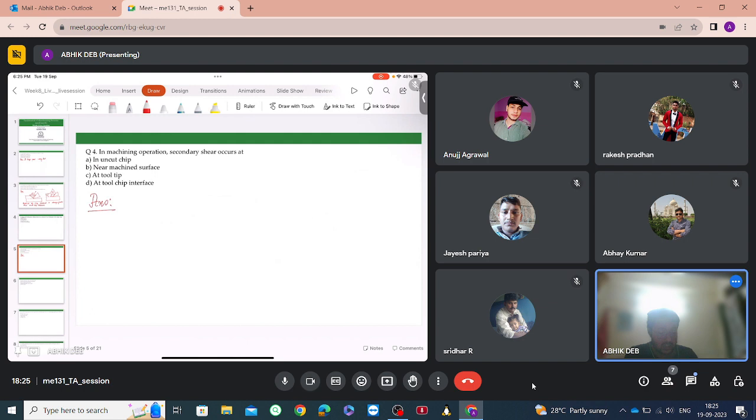So the next question. Can anyone give me the answer to this? In machining operation, the secondary shear occurs in which of these?